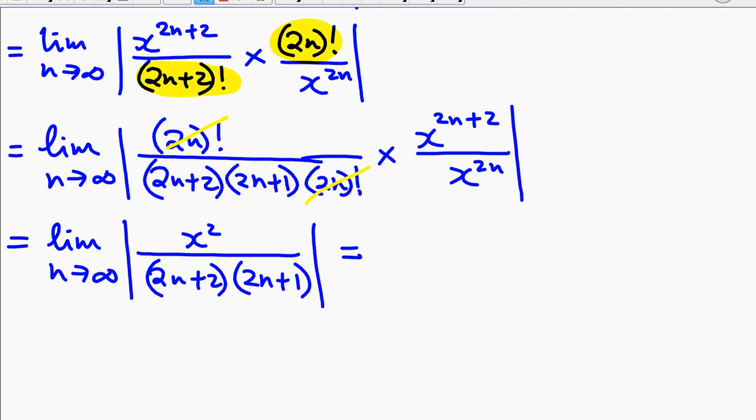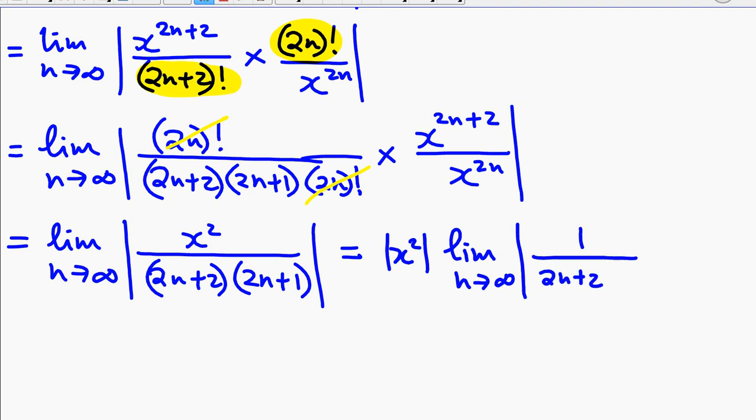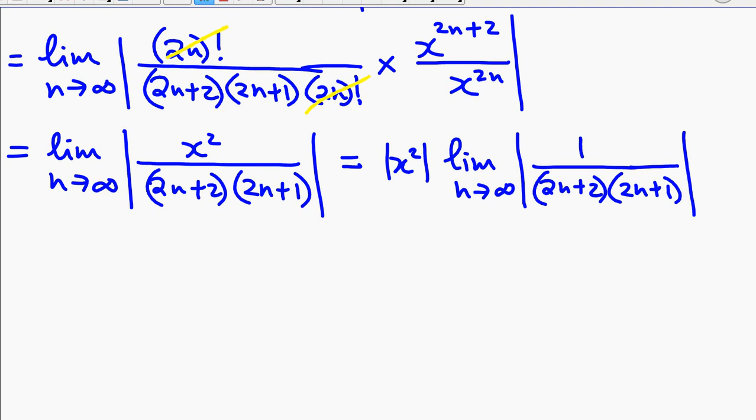And I can factor out the absolute value of x squared, to end up with 1 over (2n+2) multiplied by (2n+1). So I'll end up with 0.